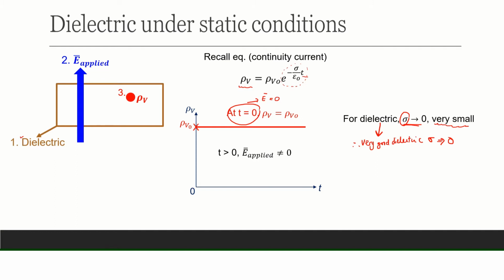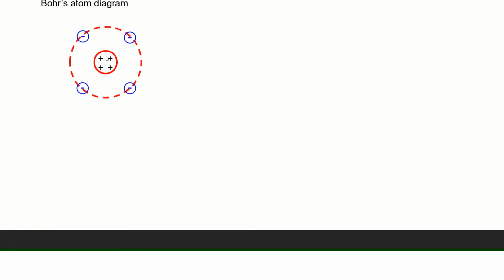Now let's look at the microscopic view, which is an atom. We assume that the medium looks like an atom, which is a very, very small structure. When we deal with an atom, I think most of you know about the Bohr atom diagram. I think this is very famous.